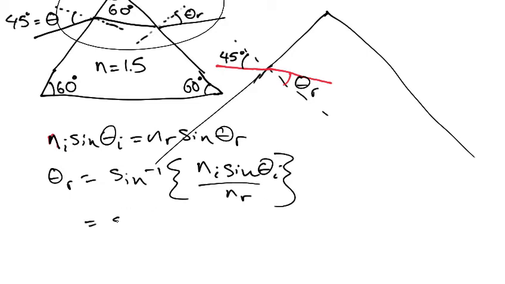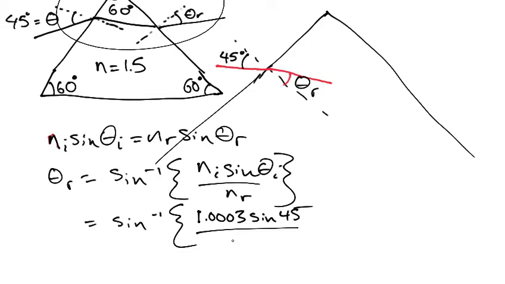And in this particular case, air is Ni, so 1.0003 times sine 45 divided by 1.5. Now if we work that out, we're going to get the first angle to be 28.1 degrees. So this is now, we know, 28.1.